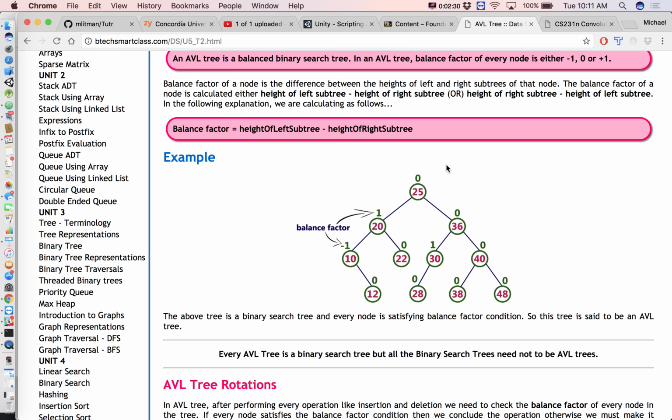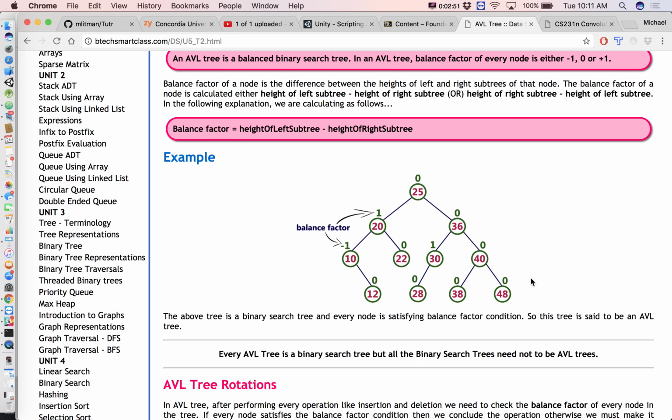So this would have a balance factor of 2, which means that it is left heavy. A positive number means it's heavier on the left. A negative number would mean it's heavy on the right. So anything beyond a 1, the absolute value of that, would say that we need to do something about it.